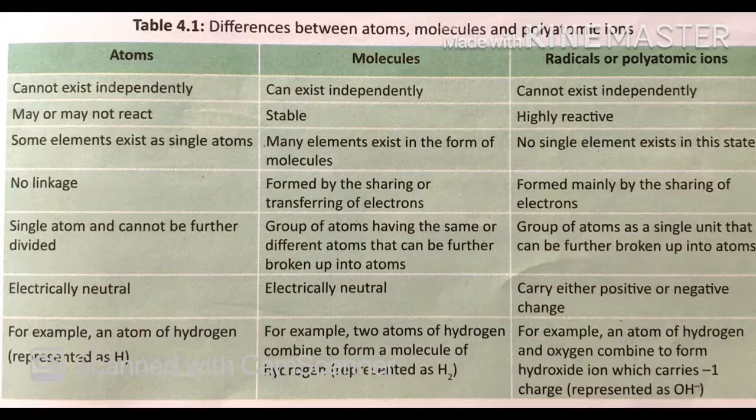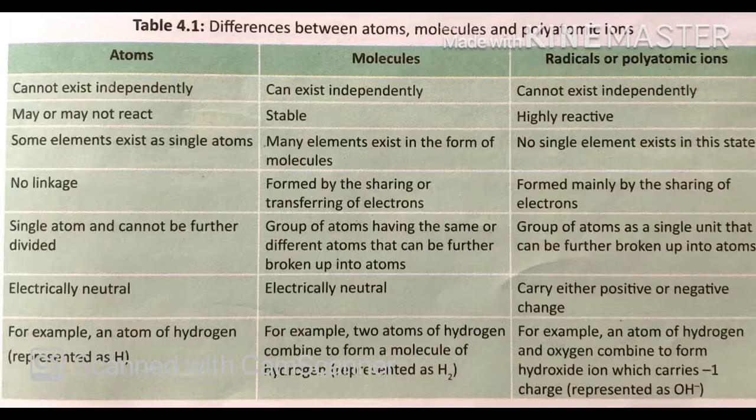In radicals, a group of atoms acting as a single unit can also be broken up into atoms. Atoms are electrically neutral, molecules are also electrically neutral, but radicals acquire some charge, positive or negative.